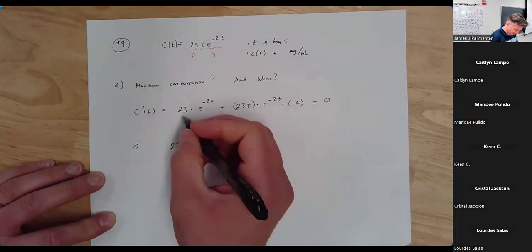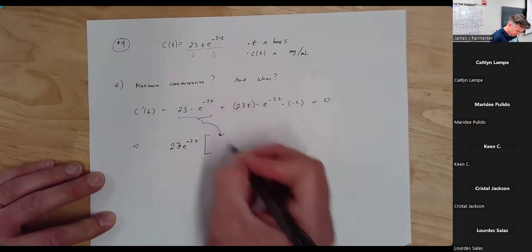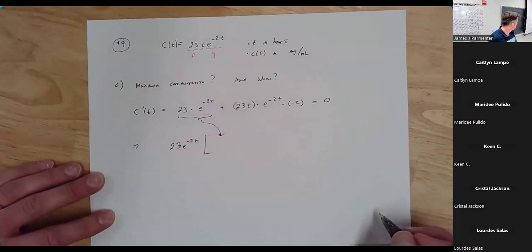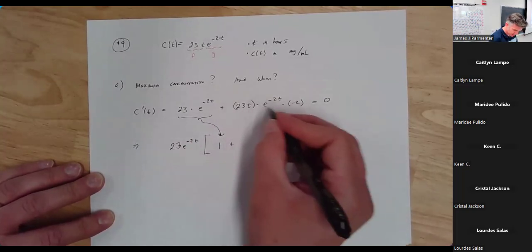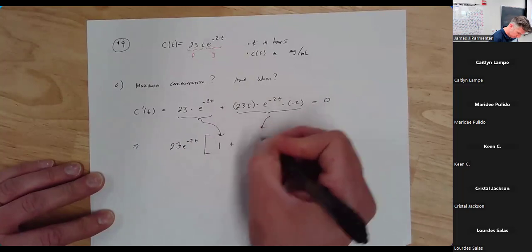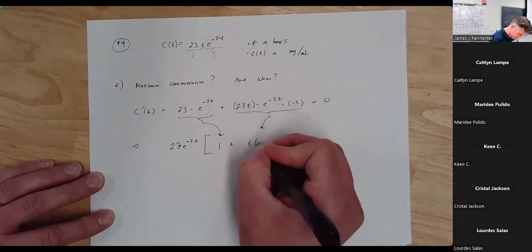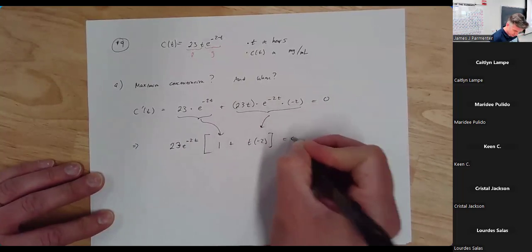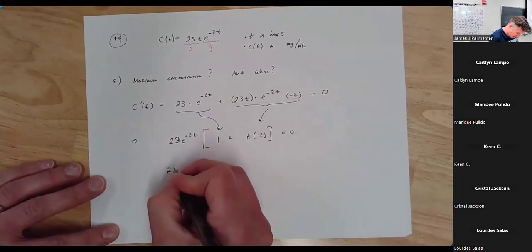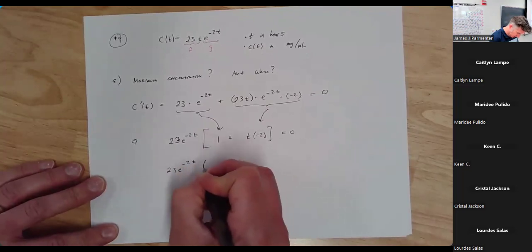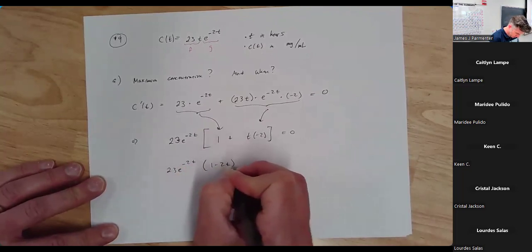And we're left with, from here, what are we left with? 1. And from here, we're left with a t and a negative 2. So we're going to get 23 e to the negative 2t times 1 minus 2t.